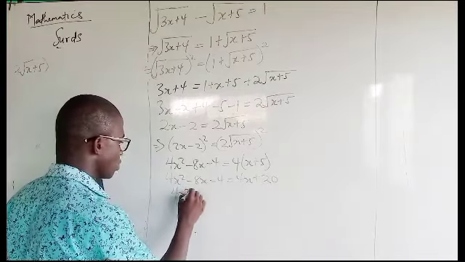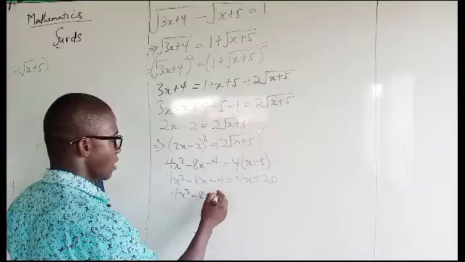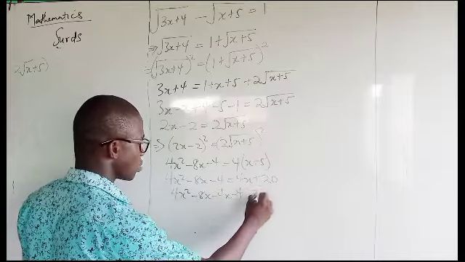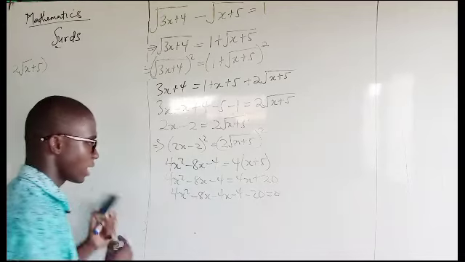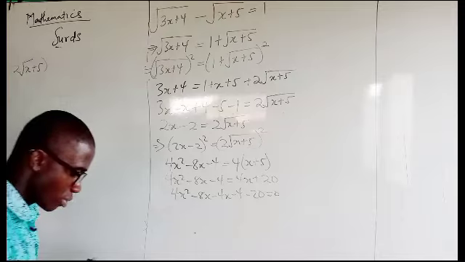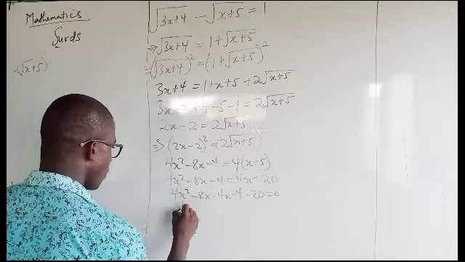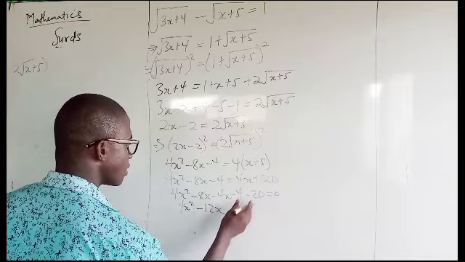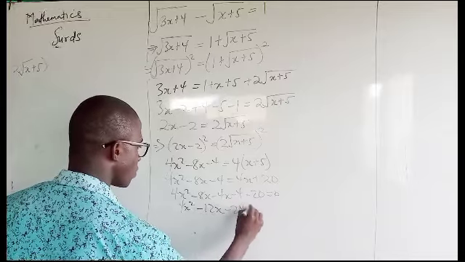We have 4x squared minus 8x minus 4x plus 4 minus 20 is equal to 0. So now we have another equation. So that would be 4x squared minus 12x minus 16 is equal to 0.